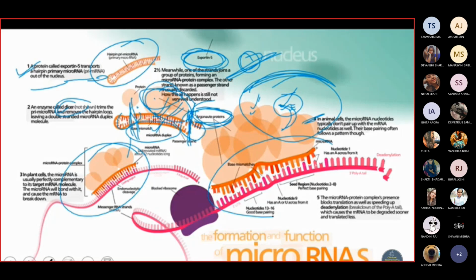In plant cells, the microRNA is usually highly complementary to its target messenger RNA molecules. The microRNA will bind with it and cause the messenger RNA to break down. In animal cells, the microRNA nucleotides typically don't pair with the mRNA nucleotides as well. So pairing is very good in plant cells, but not very efficient in human or animal cells. Once paired, this is going to cause deadenylation.